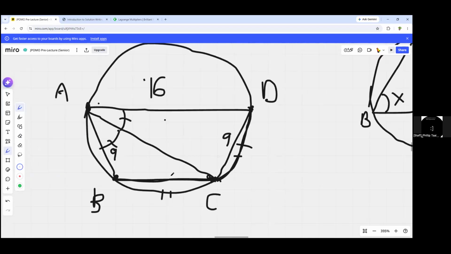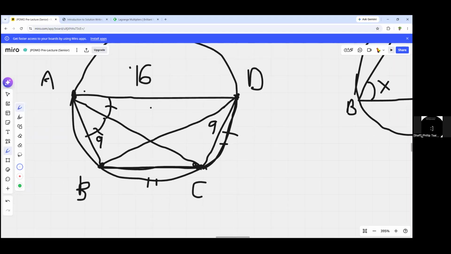This is true, but what I was actually planning was to construct triangle BCD. Sorry for my bad drawing. Then realize since these subtend equal arcs, these angles must be equal. And since these angles subtend the same arc, they also must be equal.